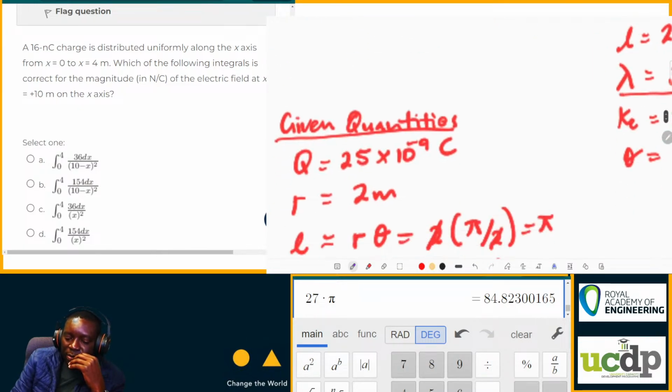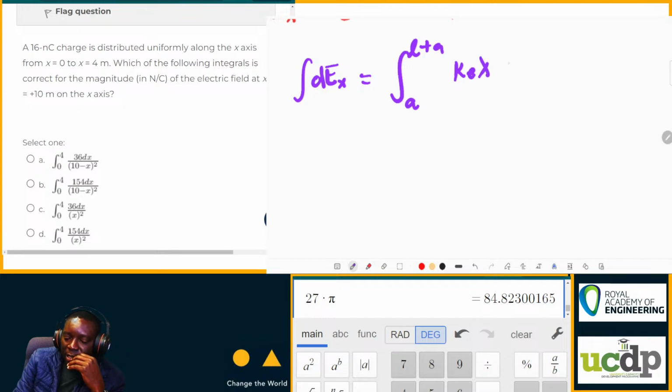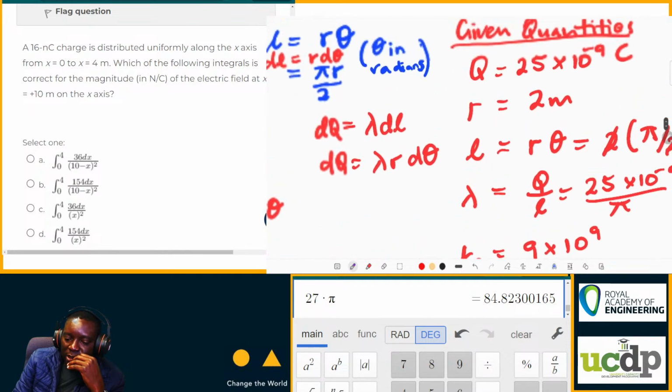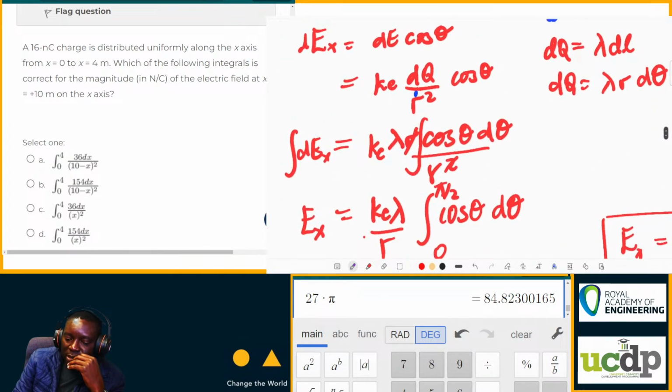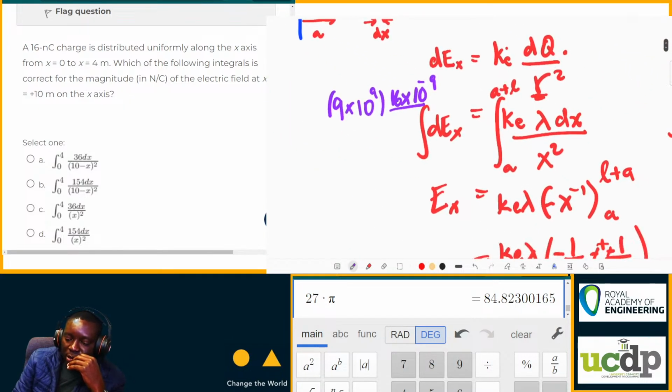So dEx, let me just write it neatly for you. We have d of the electric field along the x equals the integral from a to L plus a of KE lambda dx over x squared. Was that just over x squared? Yes, like that.